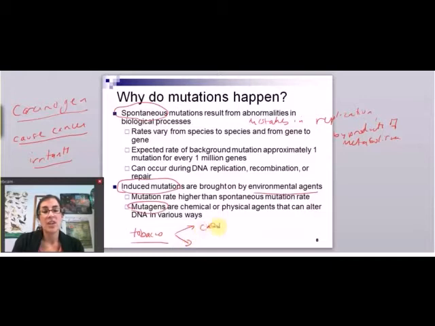It causes mutations and it's an irritant. So you're doing both things. You are changing the DNA and you're irritating the tissue so that it divides more. And that's why it's such a significant carcinogen and why it causes a large amount of lung cancers.